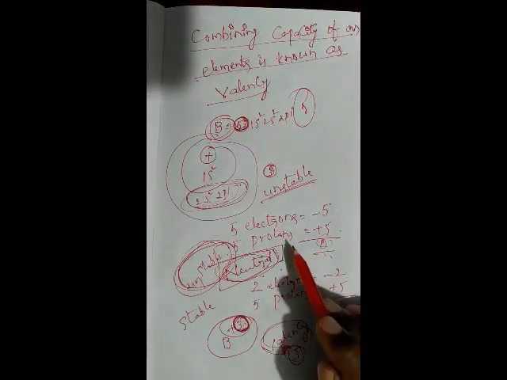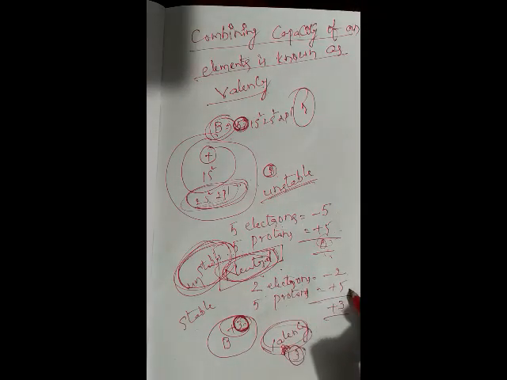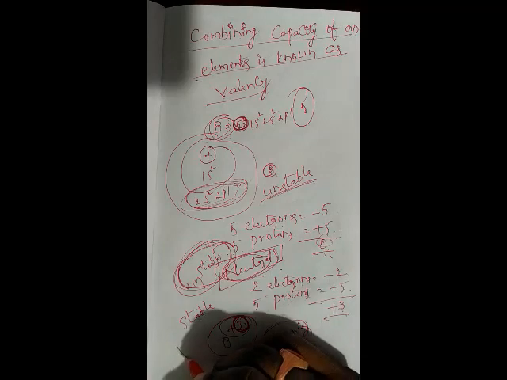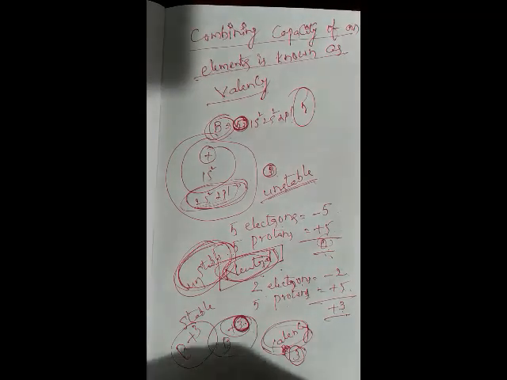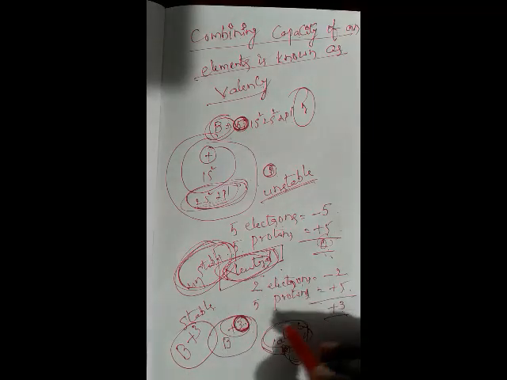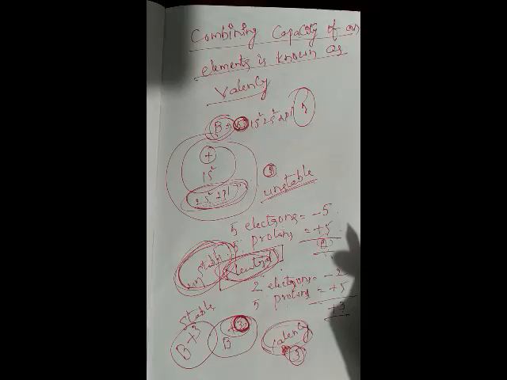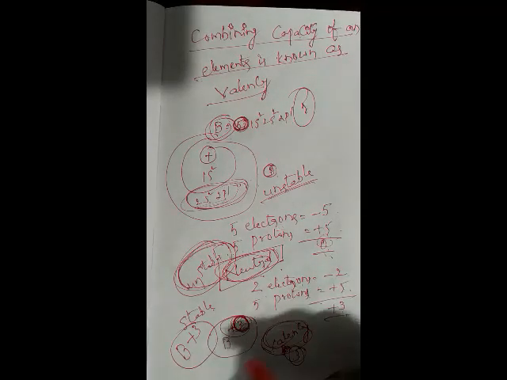So after losing 3 electrons, in that boron 2 electrons are present, so minus 2. And there is no change in its protons, so plus 5. So minus 2 plus 5, total plus 3. So now the boron is written as B plus 3. Now this B plus 3 is stable and the valency of boron is 3. The valency of boron is 3.